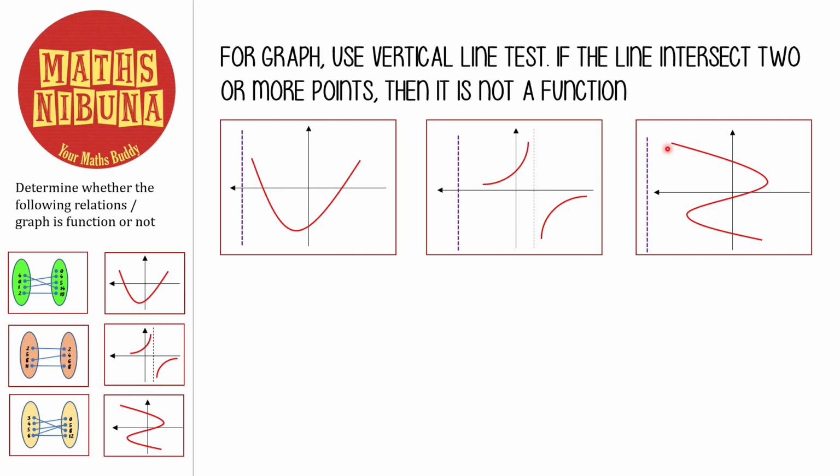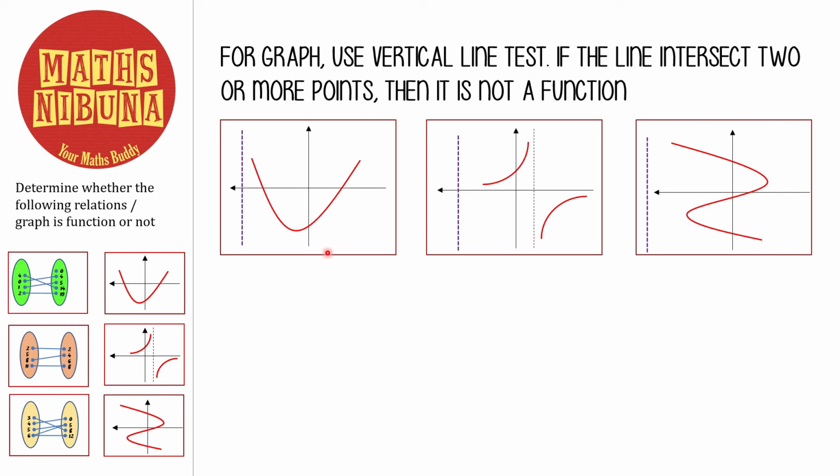For a graph, to determine whether it is a function or not, we use the vertical line test. That means we draw a vertical line and then move the vertical line until the end of the graph. If the line intersects or meets 2 or more points, then it is not a function. If the line only meets 1 point, then it is a function.